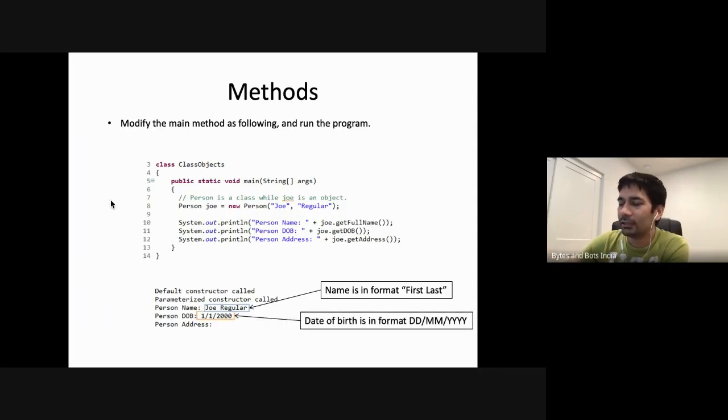Date of birth is date, month, and year. Address is not null, so it means it has a valid value which is empty. No one has assigned anything, rather than saying it's invalid. So that's some progress, but we still are not able to update the address, right? So let's see if we can fix that problem.